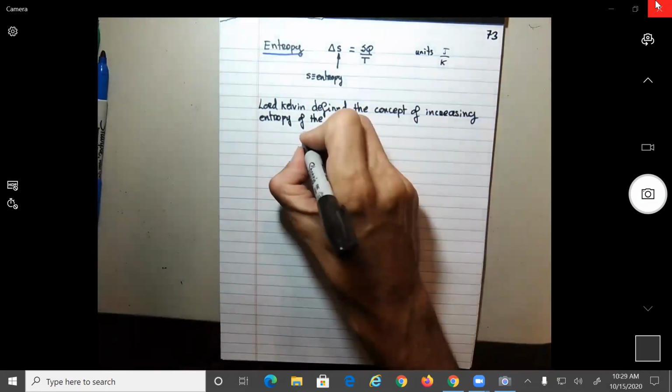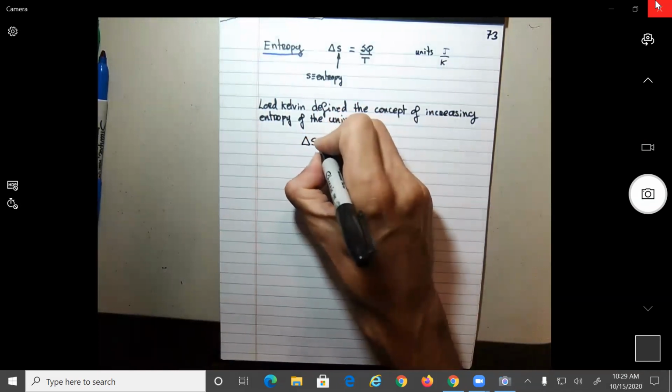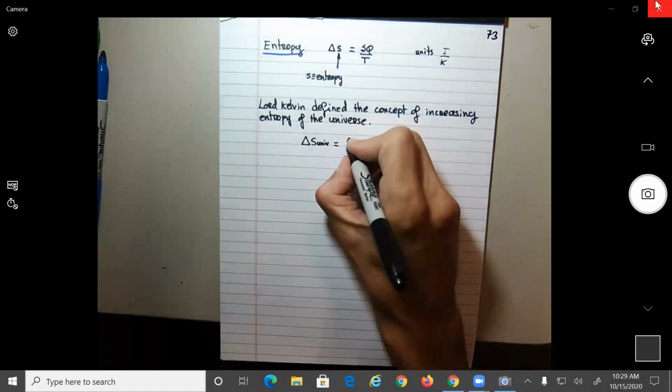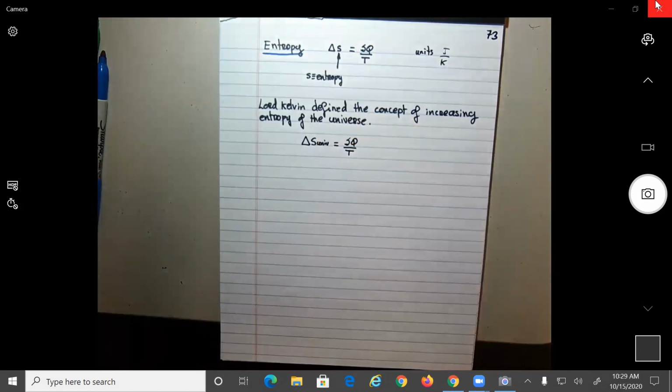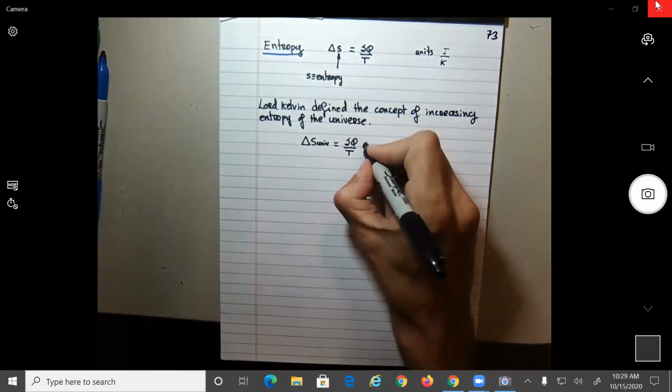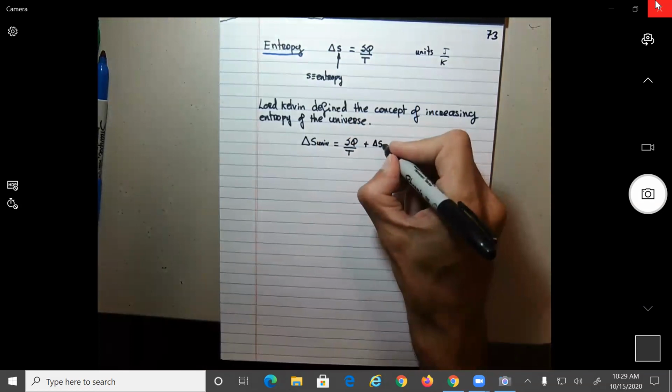That means the total change of entropy of the universe will be equal to delta Q over T plus whatever is the change of your process.